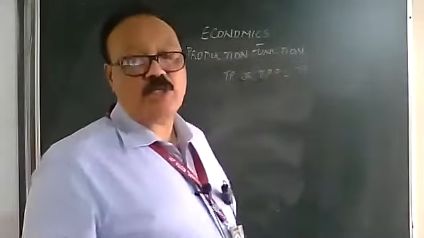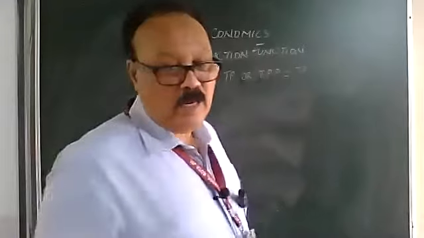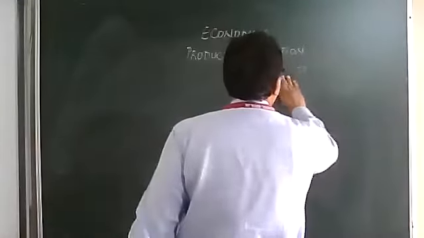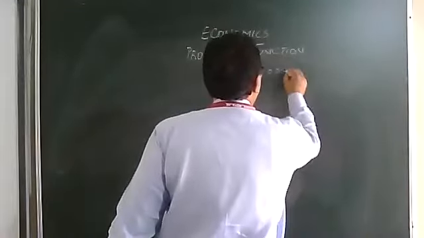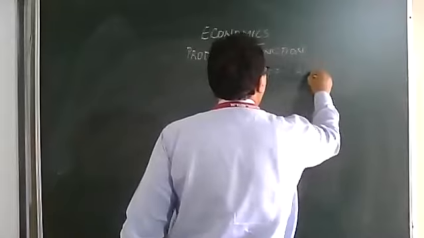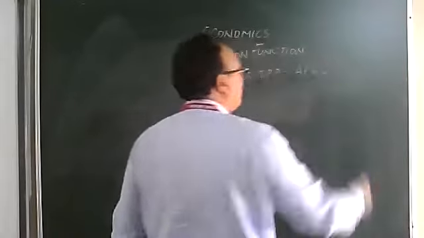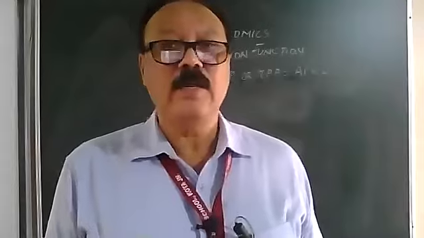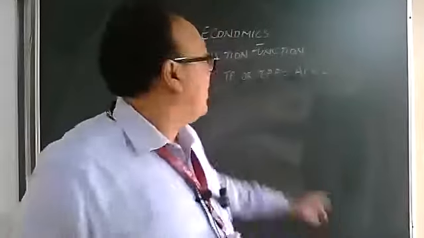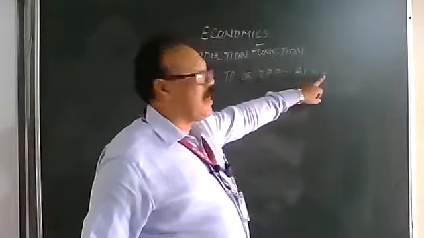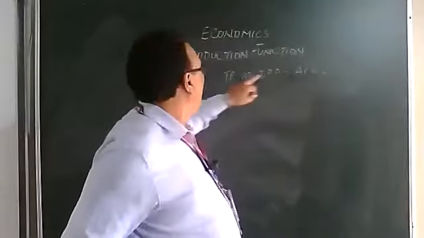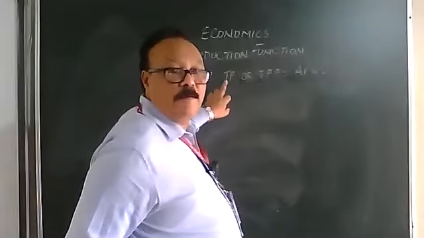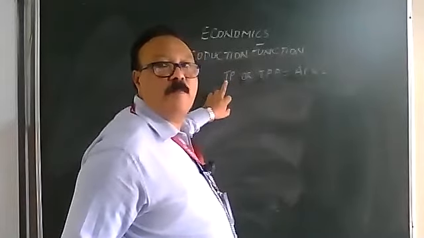So in context with AP, TP is equal to AP multiplied by, let's say, one of the variable factors. If land is the variable factor, you will write L. Otherwise, AP multiplied by the variable factors will give you TP. This is in context of AP.